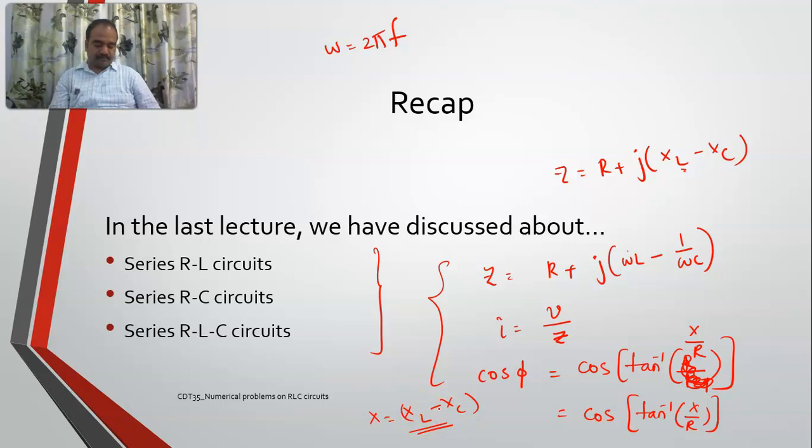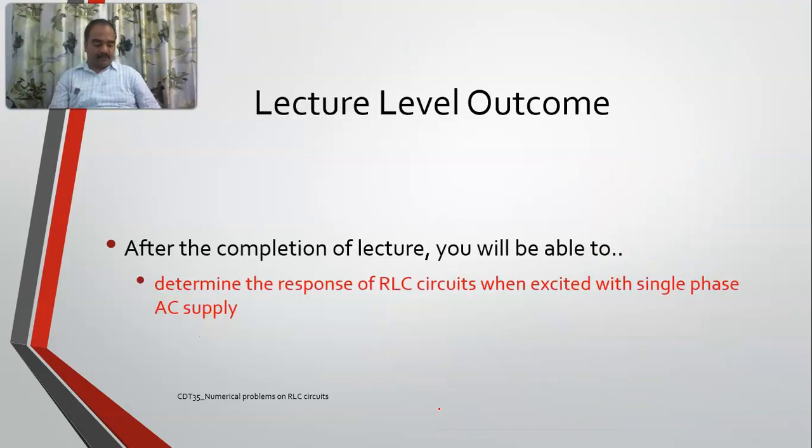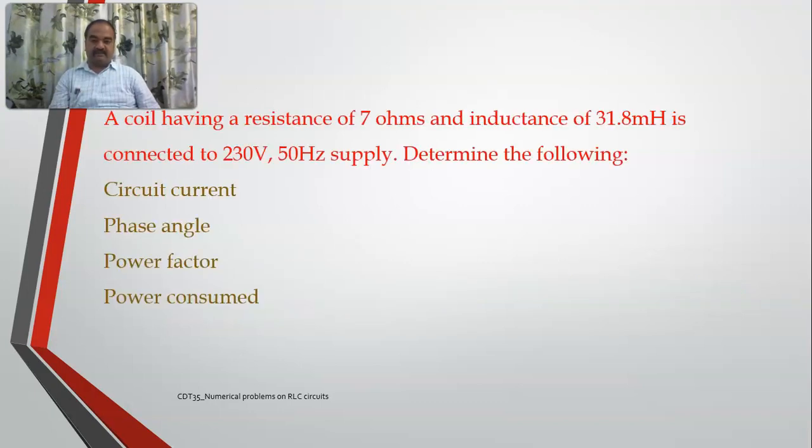Okay. Now, having said that, today we will discuss numerical problems on determining the response of RLC circuits when they are excited with single phase AC supply. So I will start with a basic problem. In this problem it is mentioned that a coil is having a resistance of 7 ohms and an inductance of 31.8 millihenry and is connected to 230 volt 50 hertz supply.